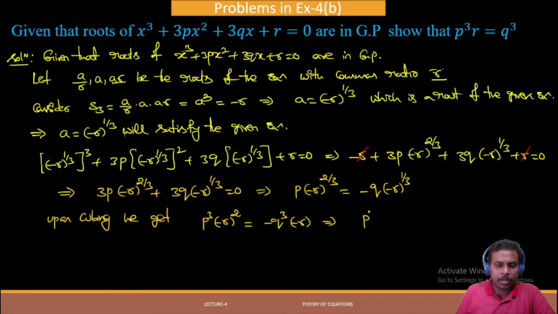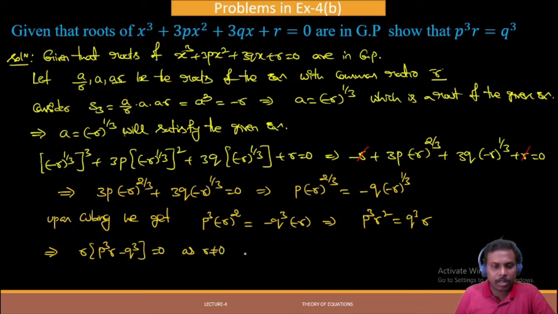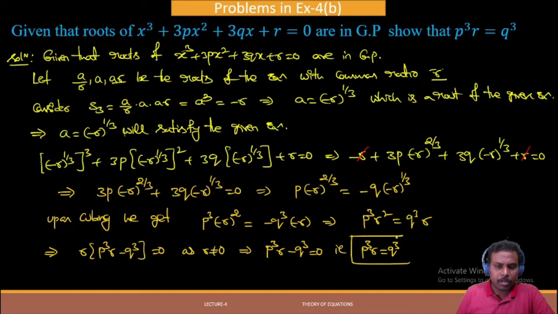So this implies p cube into r square is equal to q cube into r. So r into p cube r minus q cube is equal to 0. As r is not equal to 0, p cube into r minus q cube is equal to 0, that is p cube r is equal to q cube. So this is what we are supposed to show.